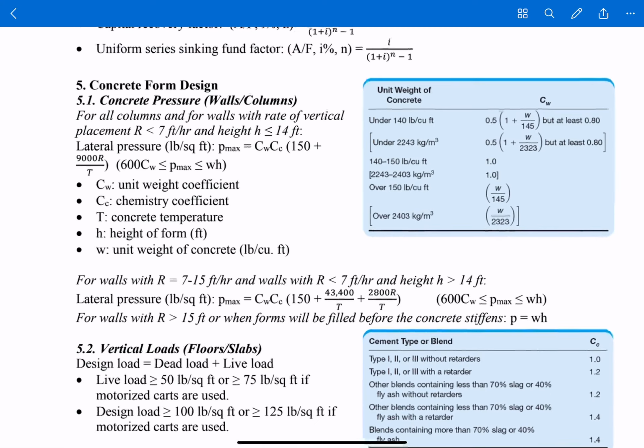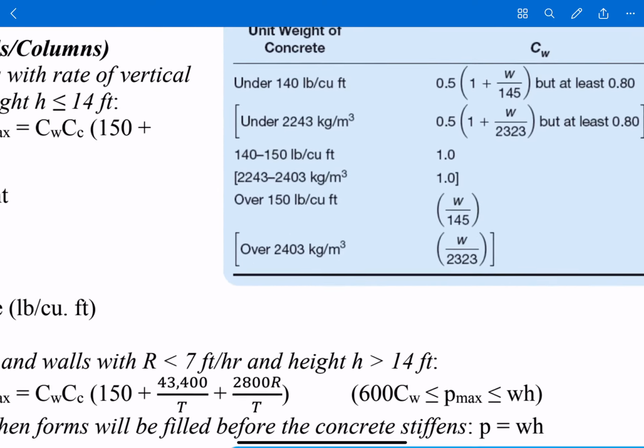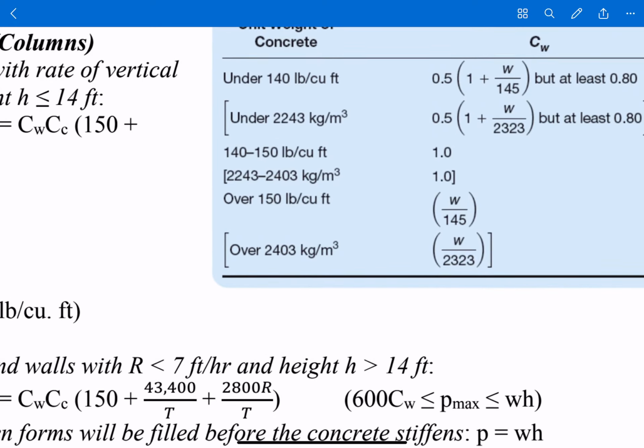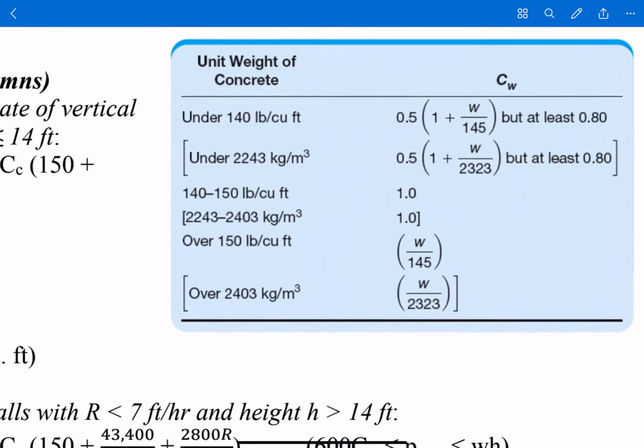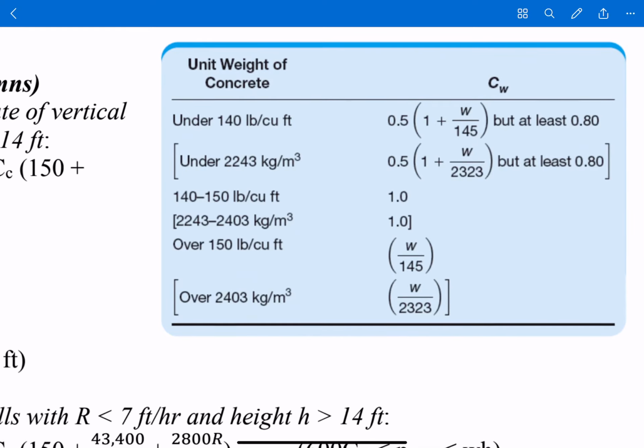So the first scenario: CW, what is CW in that equation? That depends on the unit weight of concrete. Our problem gives us 145, so it will be the third line item here, between 140 to 150 pounds per cubic foot. So it will be 1.